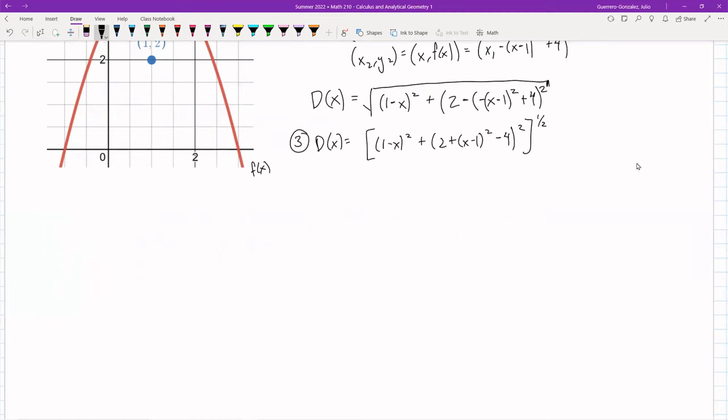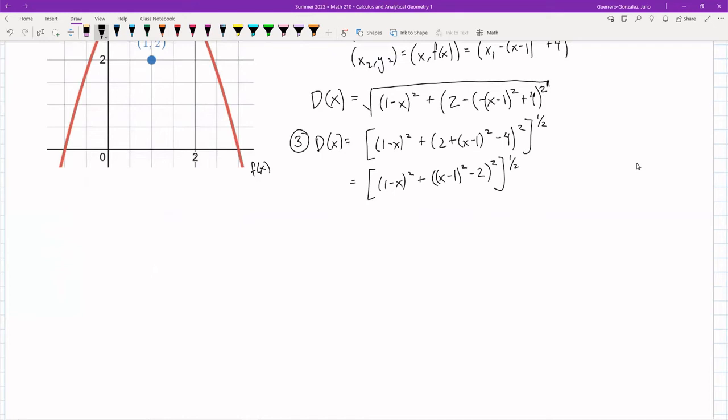Let me make it a little nicer again. 1 minus x squared plus, so 2 minus 4, that's going to be minus 2. So this is going to now be x minus 1 squared minus 2 squared, to the 1/2.